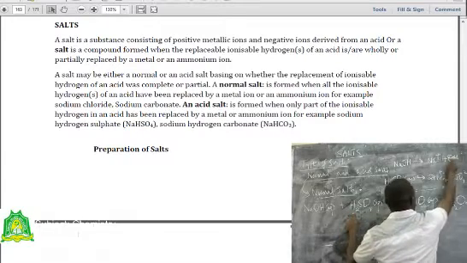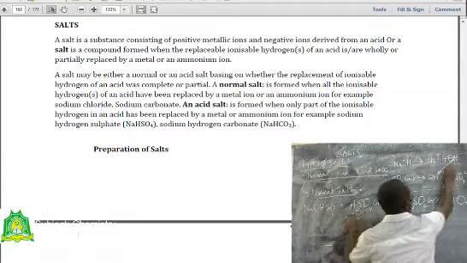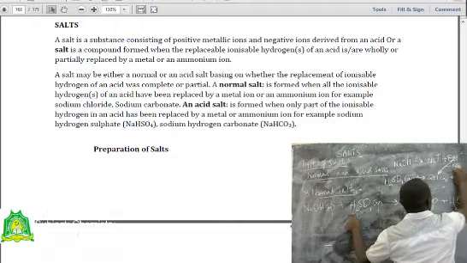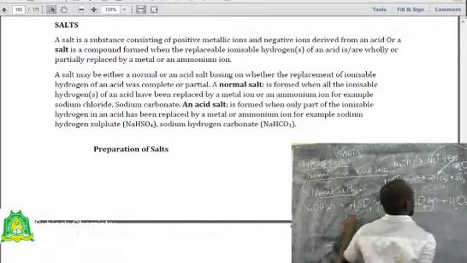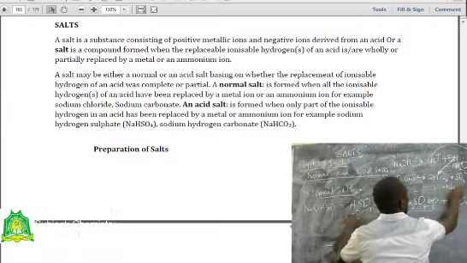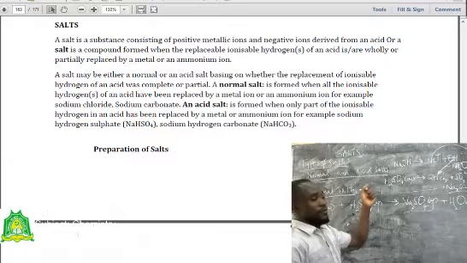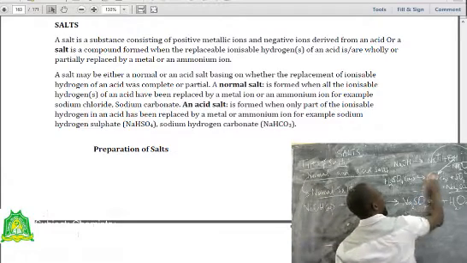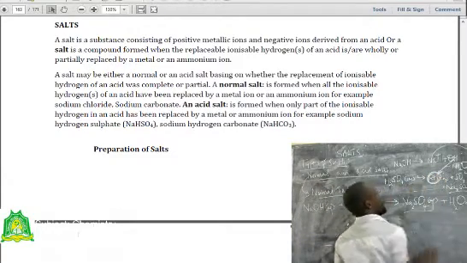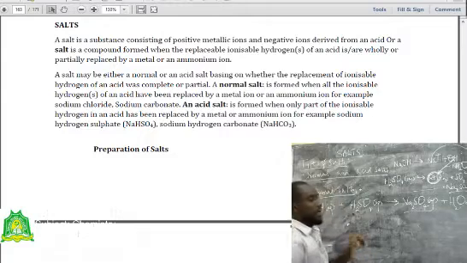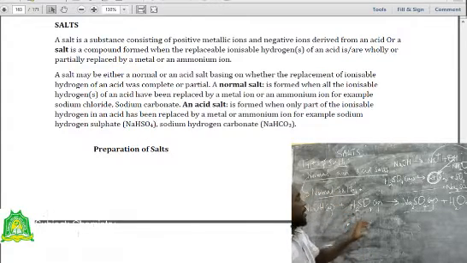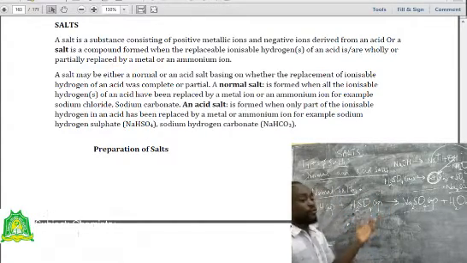The hydroxide ions attack the hydrogen ions to give water, and the sodium ions plus sulfate ions give sodium sulfate, meaning that this salt has been formed when all the ionizable hydrogen ions of the acid are replaced by the metallic ion, that is, of sodium.